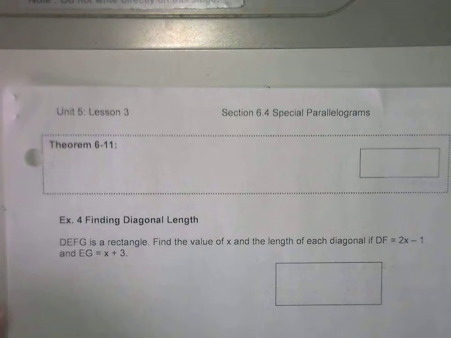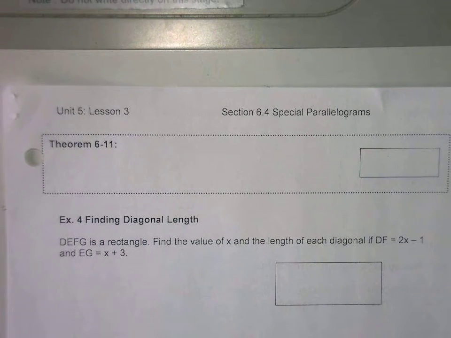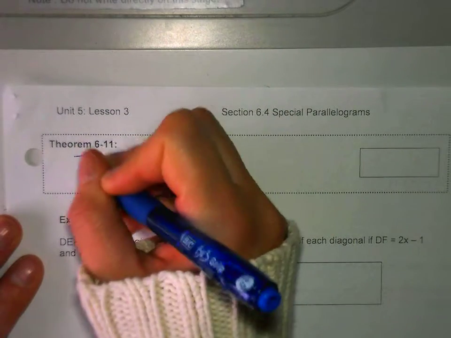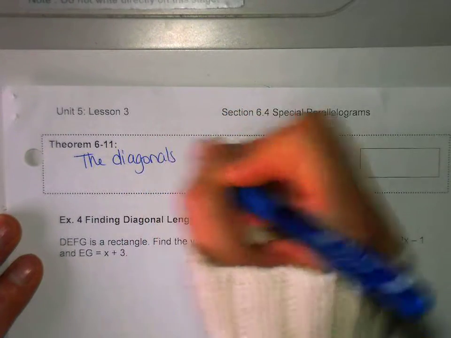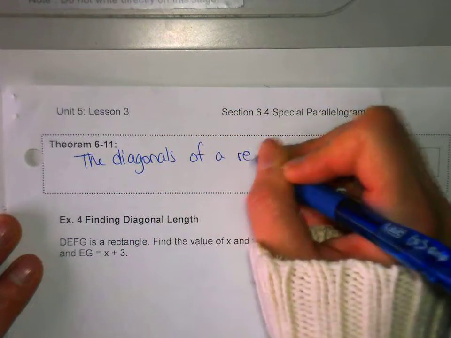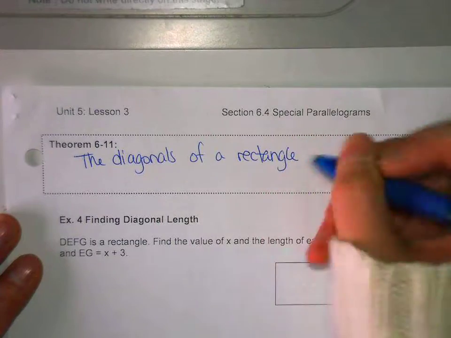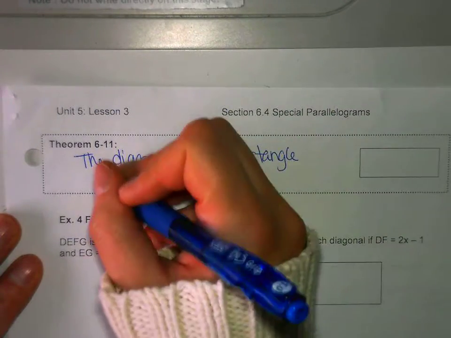So now let's take a look at Theorem 6-11. Theorem 6-11 states the diagonals of a rectangle are congruent.